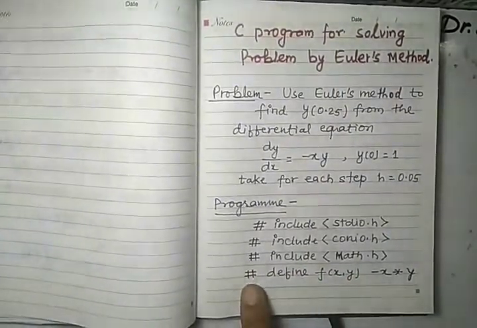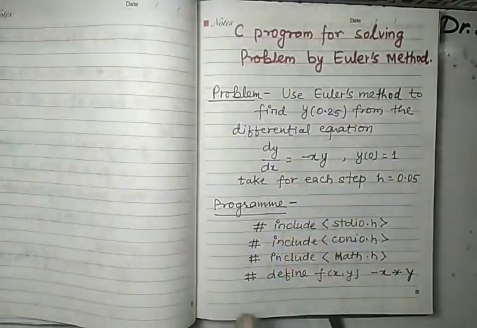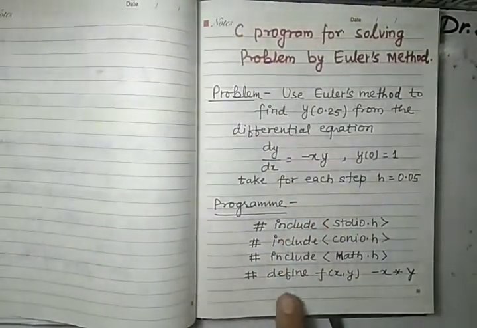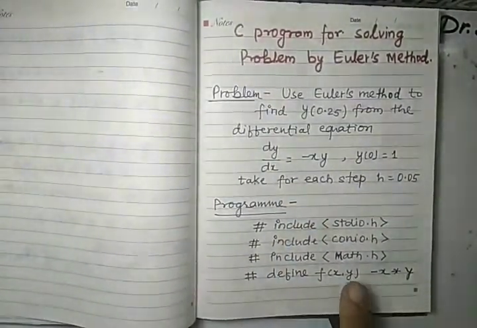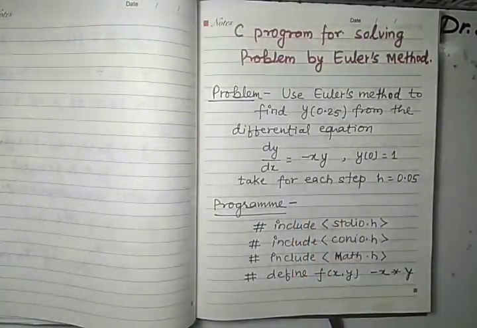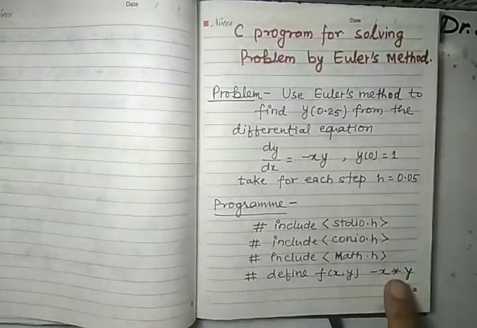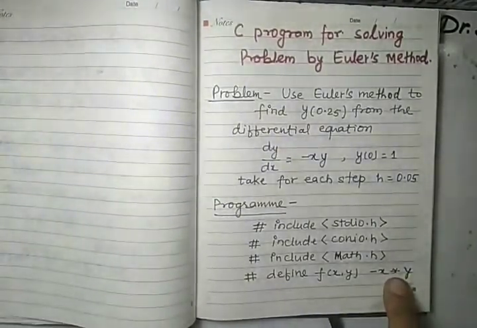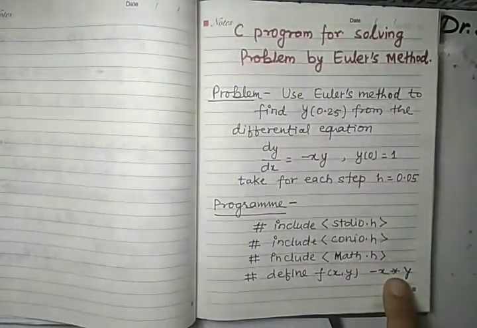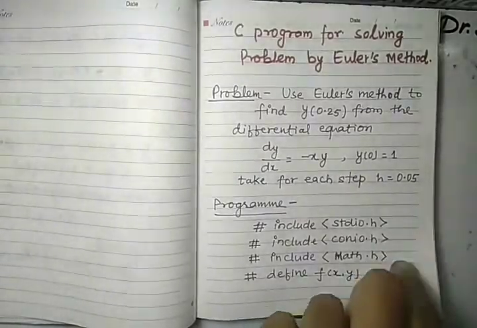And we need to define the function f(x,y), that is #define f(x,y), and here f(x,y) is minus xy. So we write minus x *, this is used for the multiplication, into y.